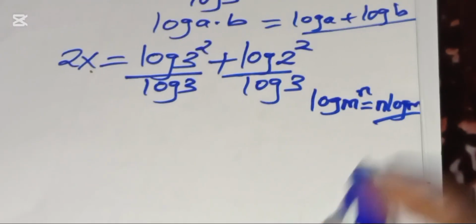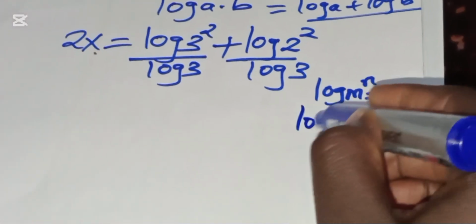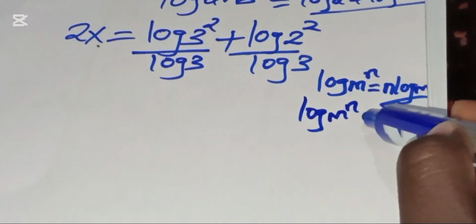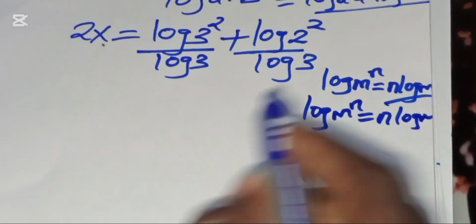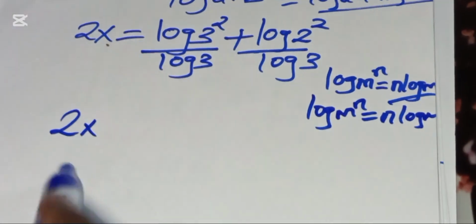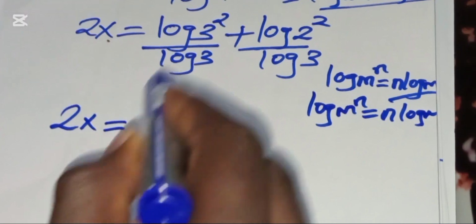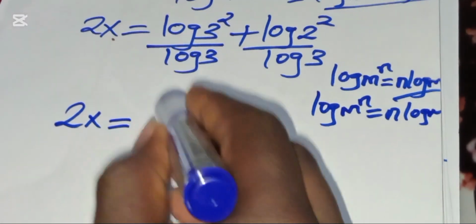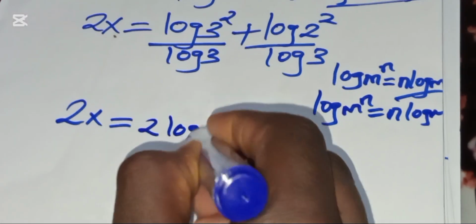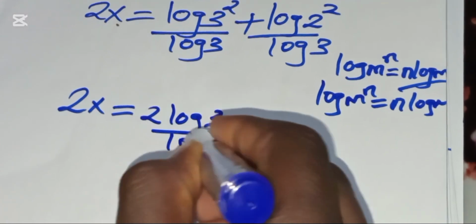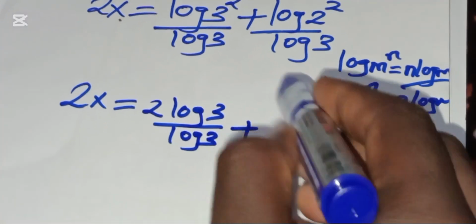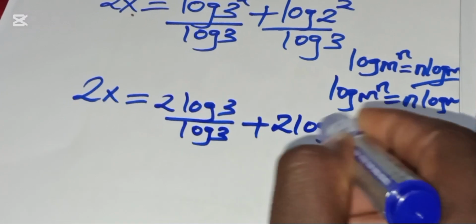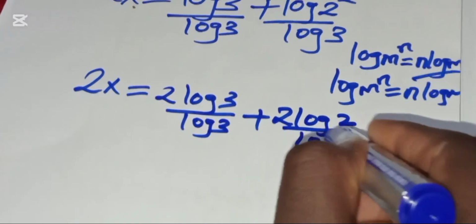We'll have 2x is equal to log 3 raised to the power 2 becomes 2 log 3 divided by log 3, plus log 2 raised to the power 2 becomes 2 log 2 divided by log 3.